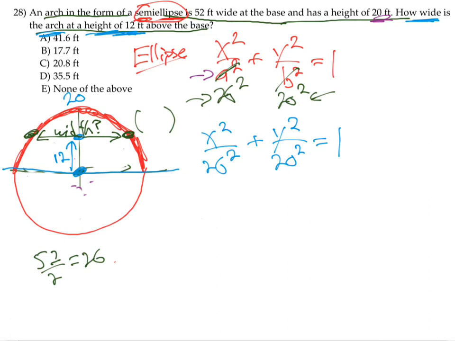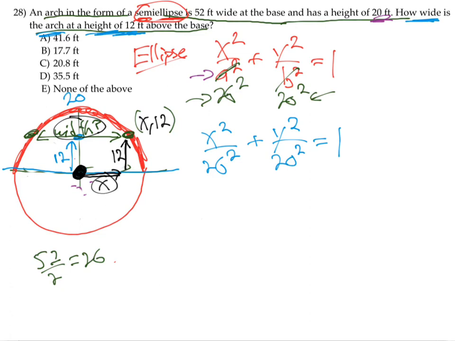So basically, it's all about noticing this is the point. What are the coordinates at that point? From the middle, that's over x, up 12. That's the point (x, 12), isn't it? Remember, whenever we do x, y coordinates, it's always from the middle. So notice that x is only half of the whole width. When I solve and find x, I'm going to have to double it to get the entire width of the arch at a height of 12 feet.